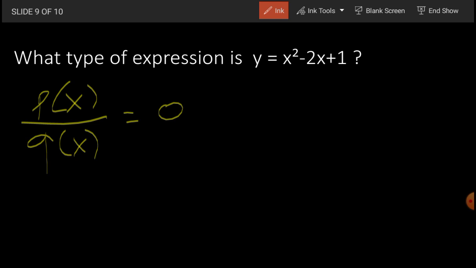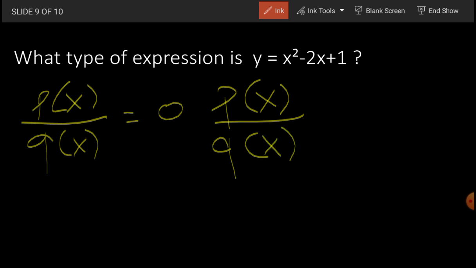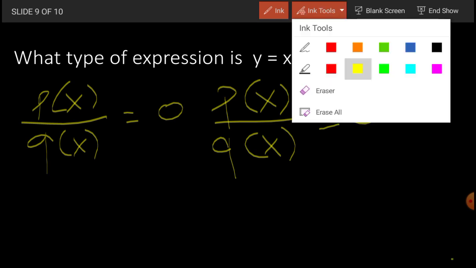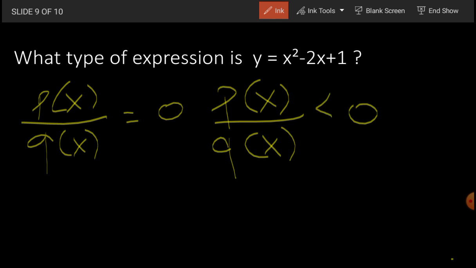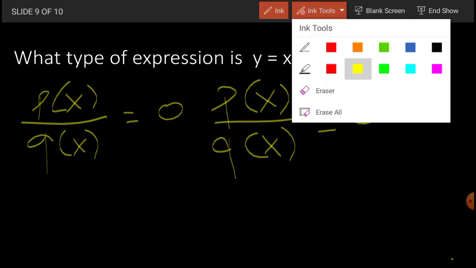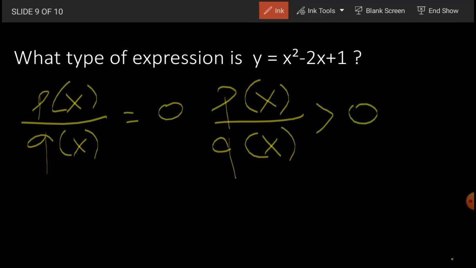For rational inequality, we have p of x, the numerator, a polynomial, over the denominator, also a polynomial, is greater than or equal to 0, or less than or equal to 0, or greater than 0, or less than 0.